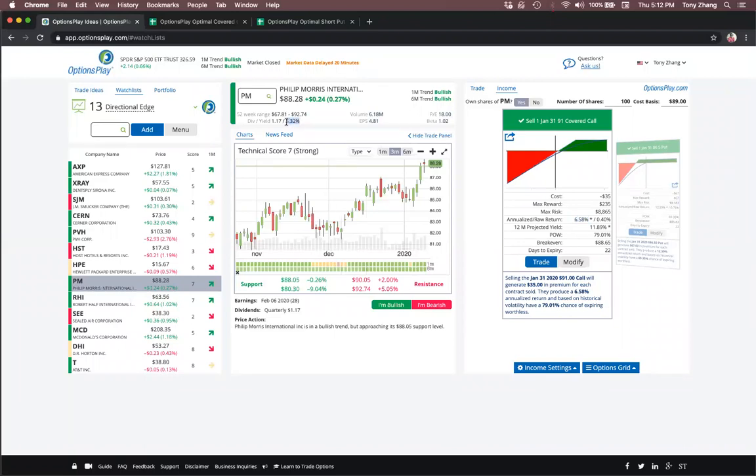You don't want to lose that for something less than that. So, to go from 5% to 11%, that's worth it. But to go from 5% to 7%, that's not worth it. So you always want to use the yield as your barometer as to whether or not a covered call is worth it.